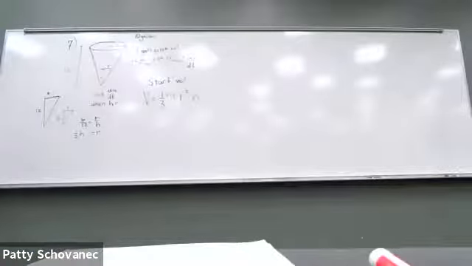So we can put that in where the R is and get volume strictly as a function of H, and then we can take derivatives. So when I put it in there, I've got to square it.